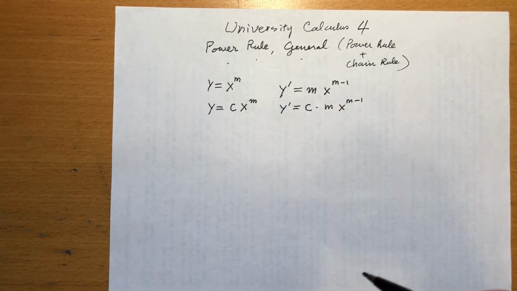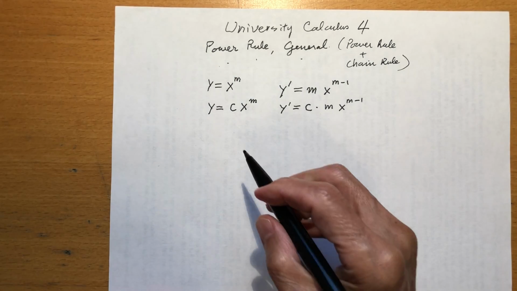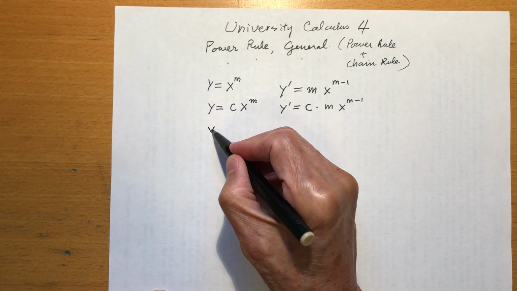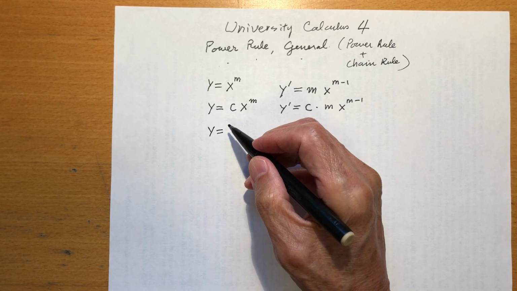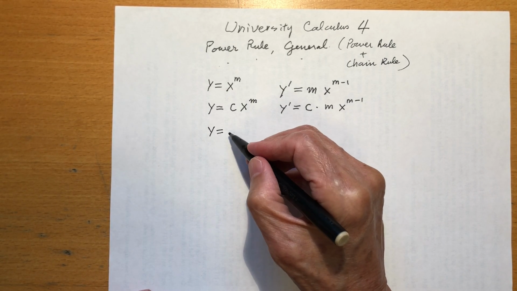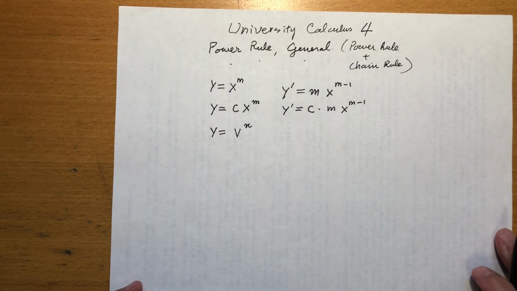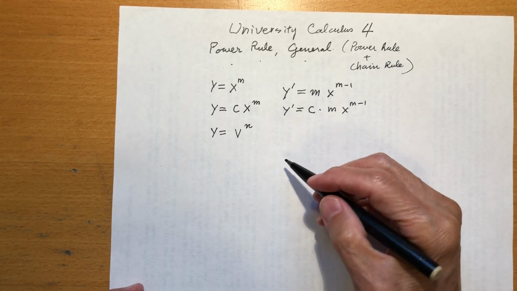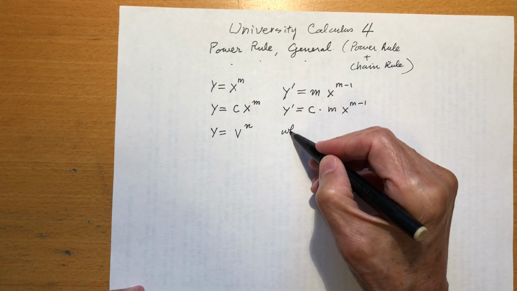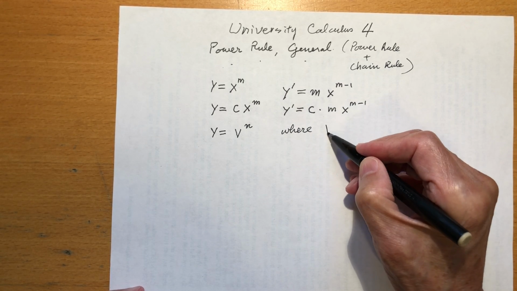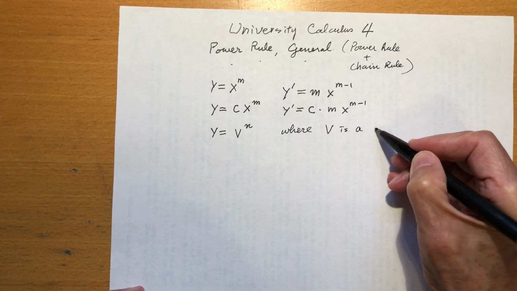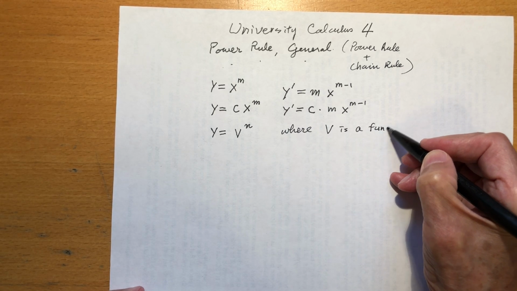Now, what is the general power rule? So the general power rule is, you have a function like this, where v is a function of x.